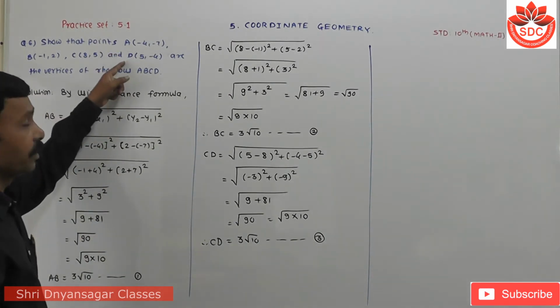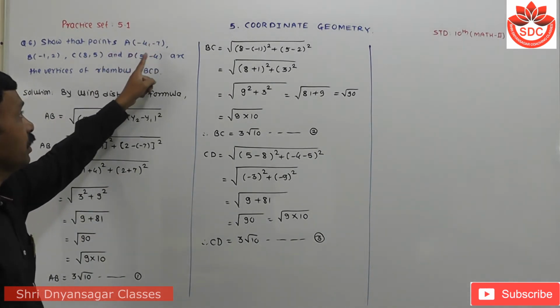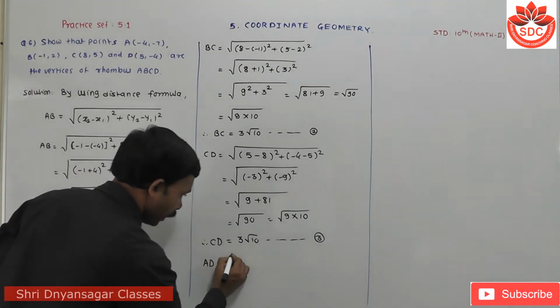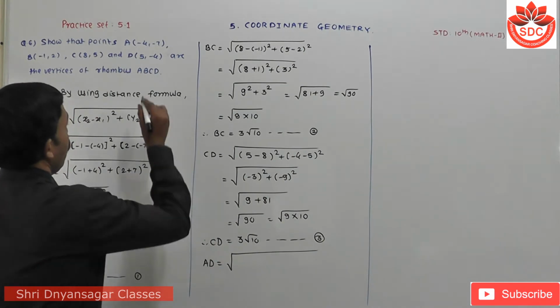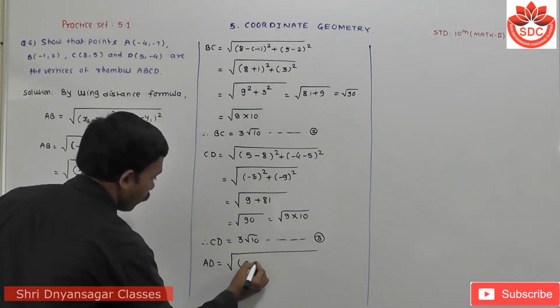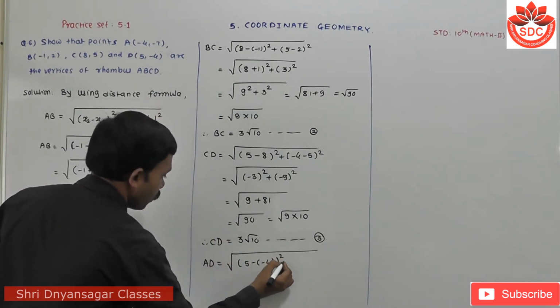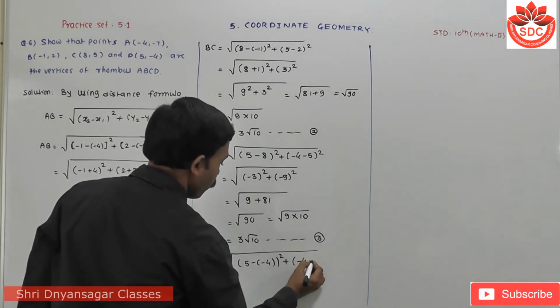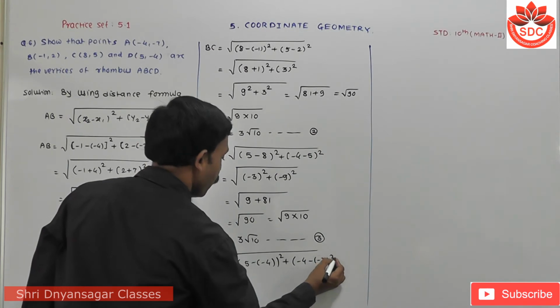Then we find AD. Let this one be x1, y1 and this be x2, y2. Then AD is equal to, again we use this formula: (5 minus -4) whole square plus (-4 minus -7) whole square.